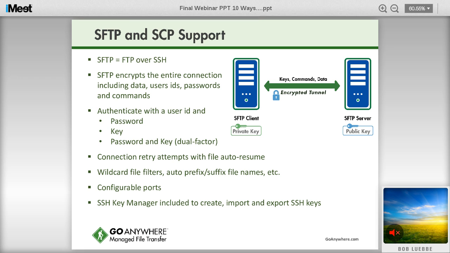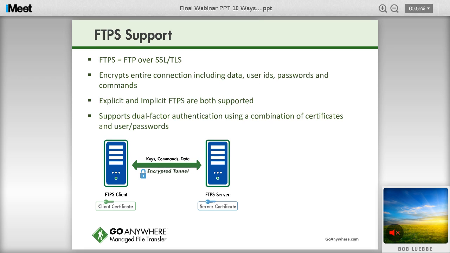We can also auto-prefix and suffix file names. A lot of companies need to automatically put timestamps or certain dates in their file names, or maybe their own special concatenation of certain constants or variables. So there's a lot of flexibility to let you change those file names as they're being transferred.